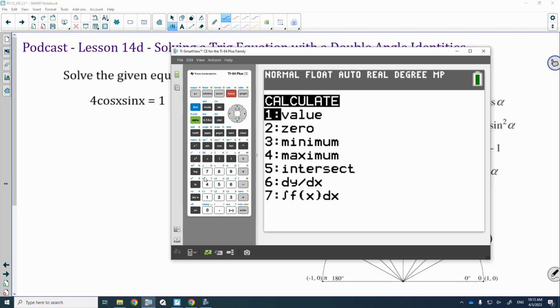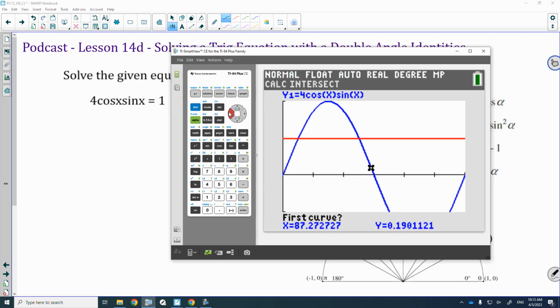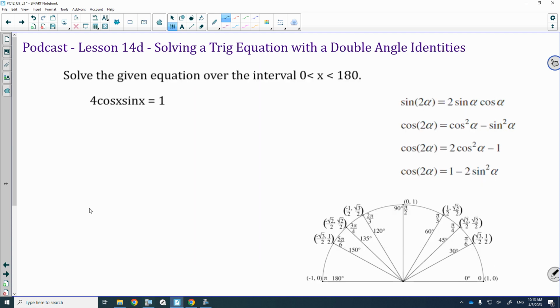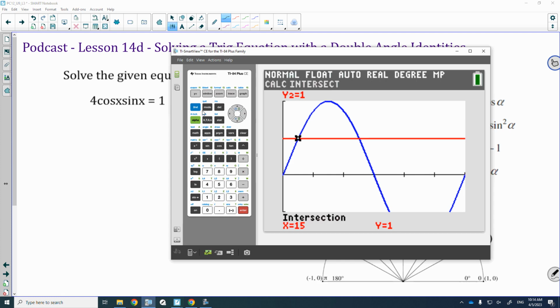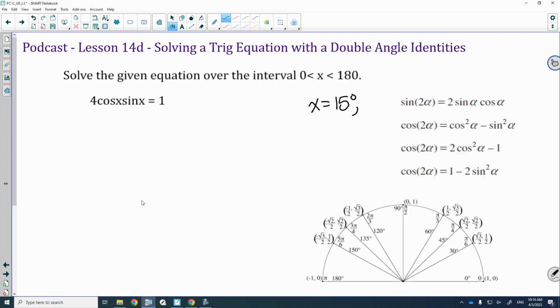Second, calculate intersect. So x is equal to 15 degrees. And my other solution, 75 degrees.